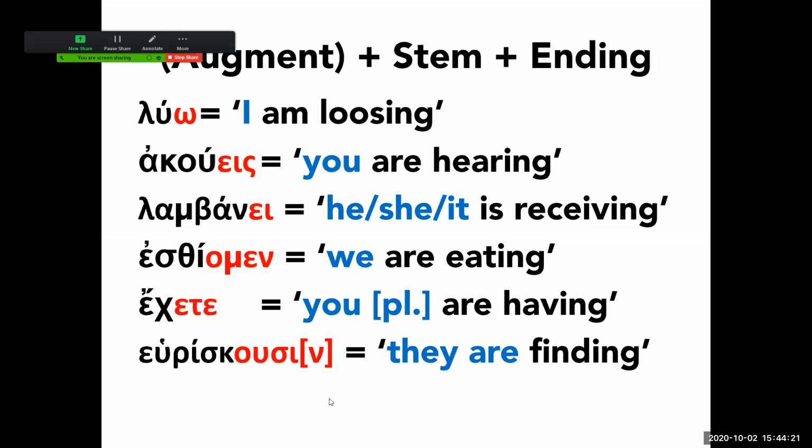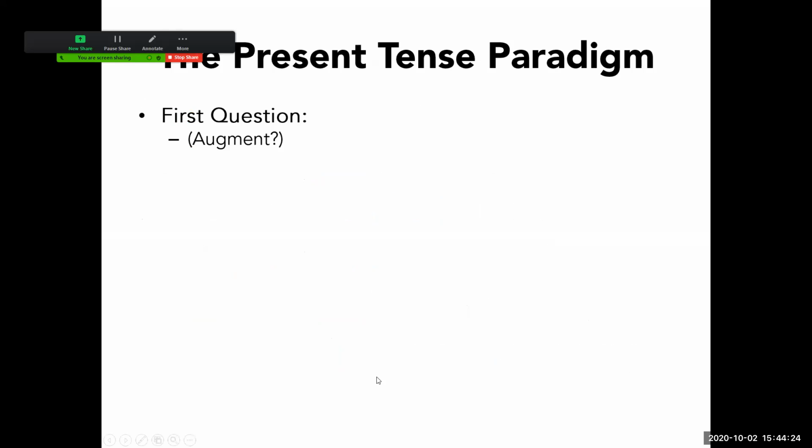Except one important thing we'll look at in our next session. So if we go back to that page, our first question will be, does it have an augment? And we don't have those yet. But we will always ask ourselves with the verb, as far as the verb is concerned, the action or the existence, what is the stem?